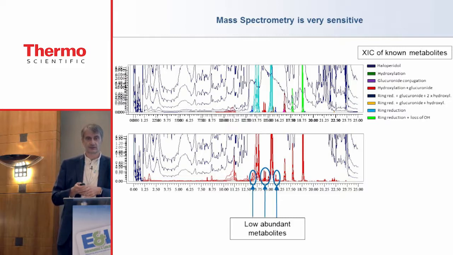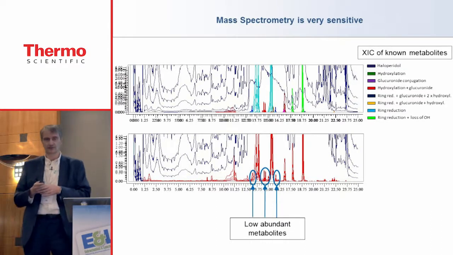Those are the metabolites which were described in the literature. And if we enlarge this chromatogram, we go deeper and deeper, and we see a lot of low abundant components.